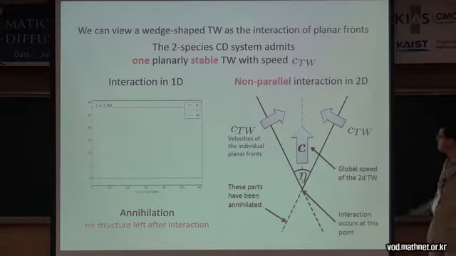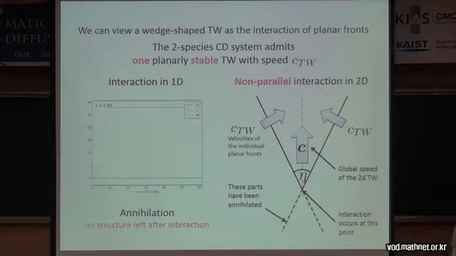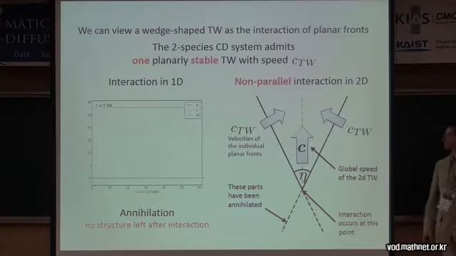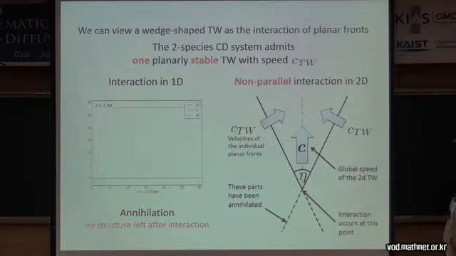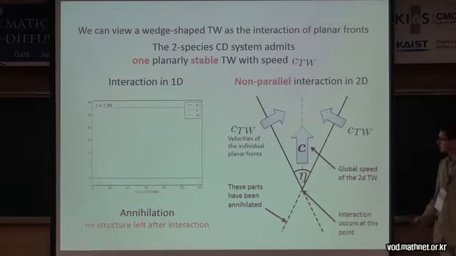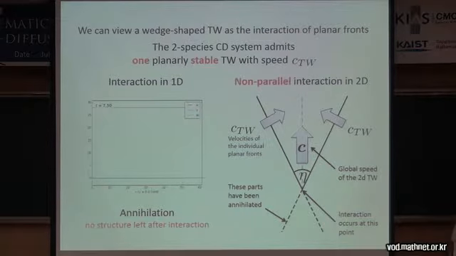But if instead non-parallel interaction of planar fronts is considered, we get something more interesting. In particular, since the interaction will happen only at one point at a time instead of along all the interface at the same instant, we get some structure in the end, not only a stable state as in the 1D case.